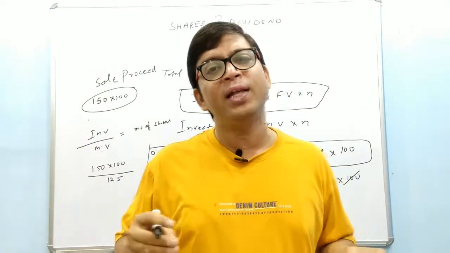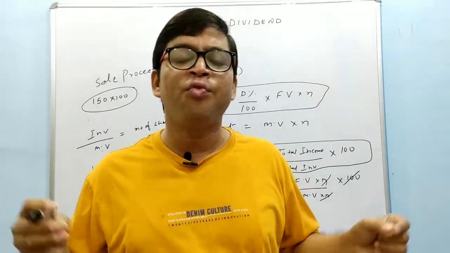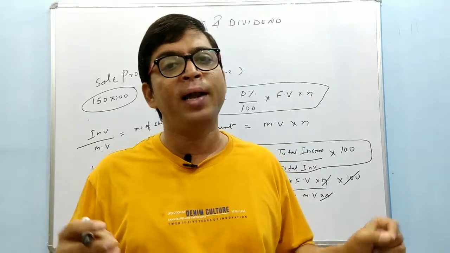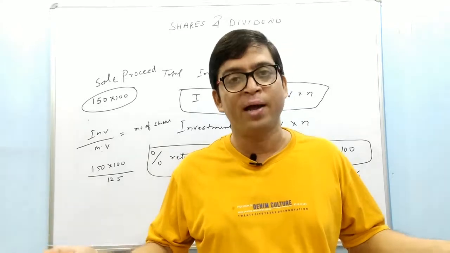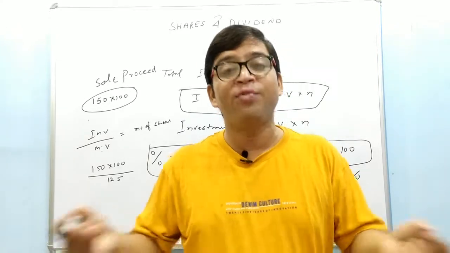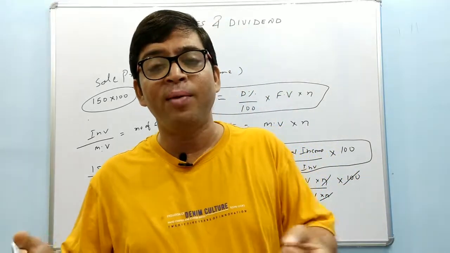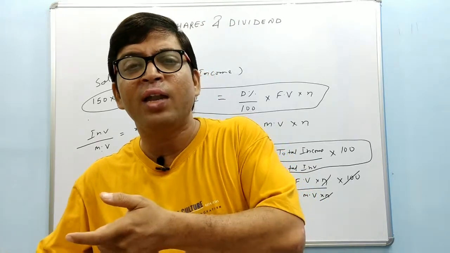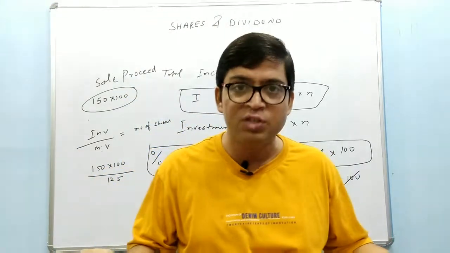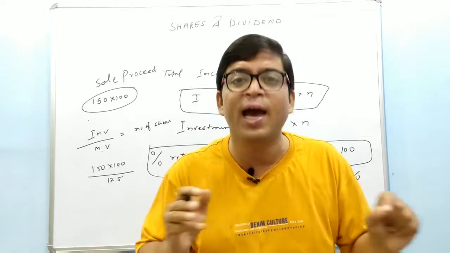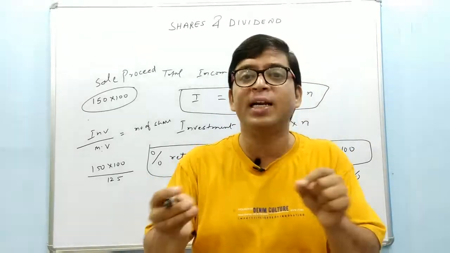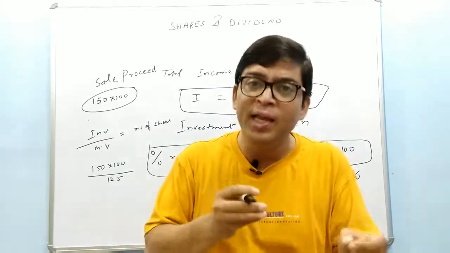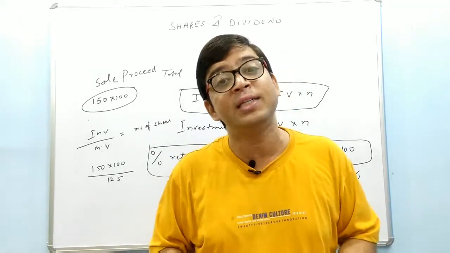Simply it is given in the question, rupee 100 share available at 150. You can easily get the meaning. 100 rupees is face value, 150 is market value, available at 150, giving a dividend of 5%. Dividend percent is 5%. So we can get the meaning of the value of each and every variable very easily once we read it carefully.